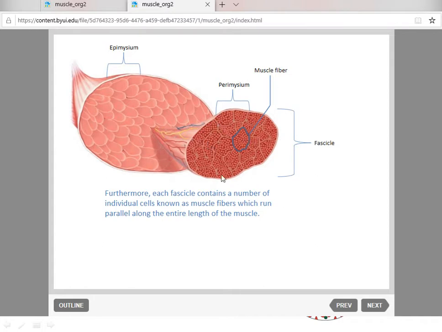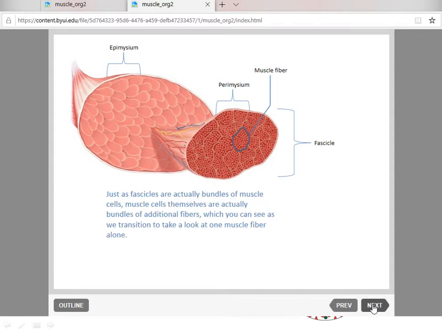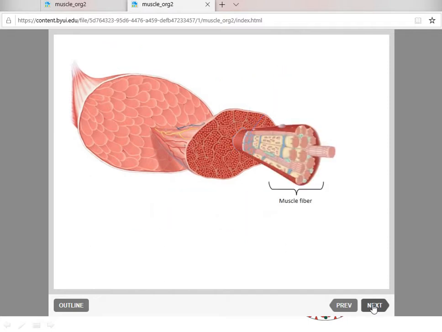The outer covering of the fascicles is called the perimysium. Now the next one is the fascicle. This fascicle contains a number of cells, and each cell is called a muscle fiber. See, these are the muscle fibers.